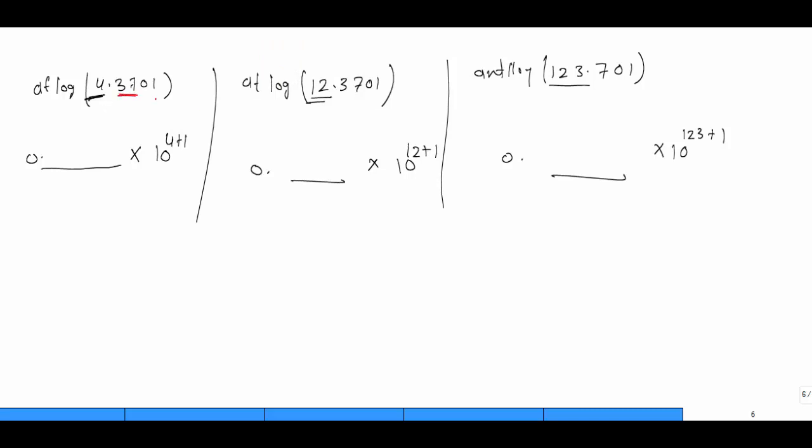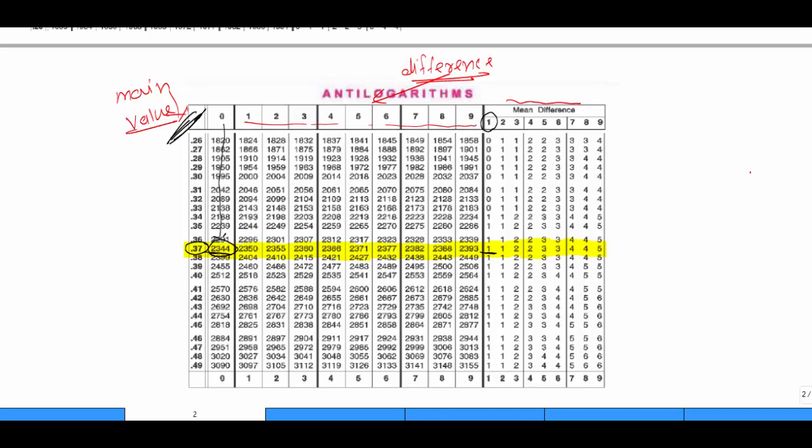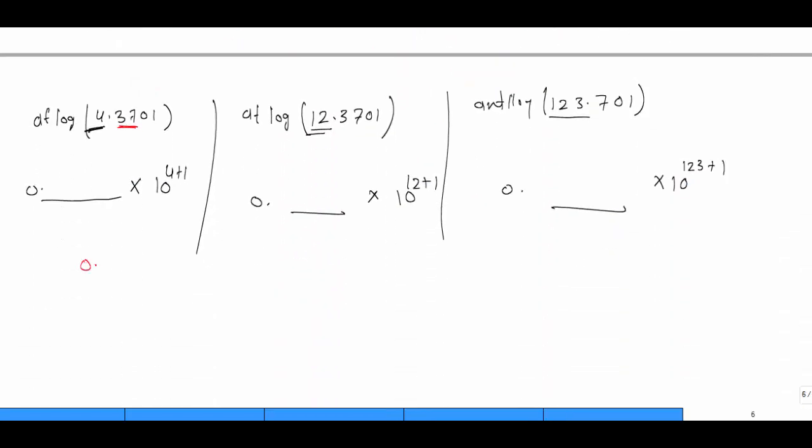It is 37. So just go to the main table and see what is 37. Again it's the same value that I highlighted here. I took those examples because that's easier to explain. So it is 37 under 0. We get 2344. Because you got that value, just write it down here: 0.2344.